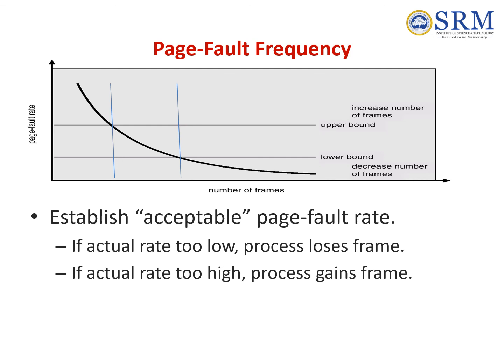If the page fault rate is below the lower limit, frames can be removed from the process. Vice versa, if the page fault rate exceeds the upper limit, more frames can be allocated to the process. From this graph, the state of the system should be kept within the rectangular region formed in this diagram.